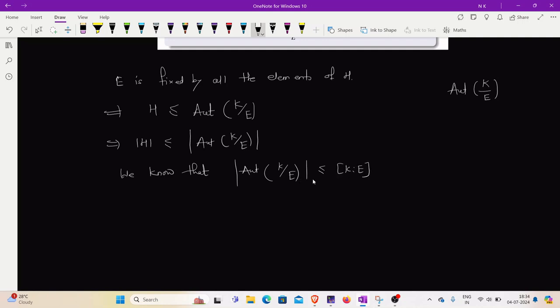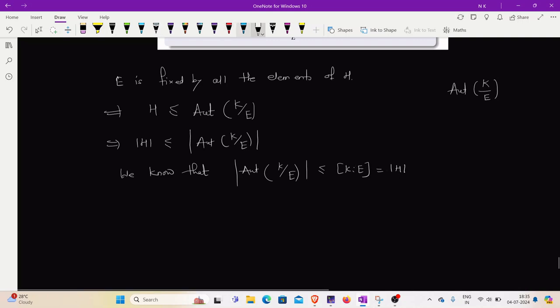And this is true for every extension, right? And equality holds when this is a Galois extension, which we have seen in the previous video as well. But as I have told you, E is the fixed field of H, so the degree of extension of K over E is going to equal the cardinality of H.